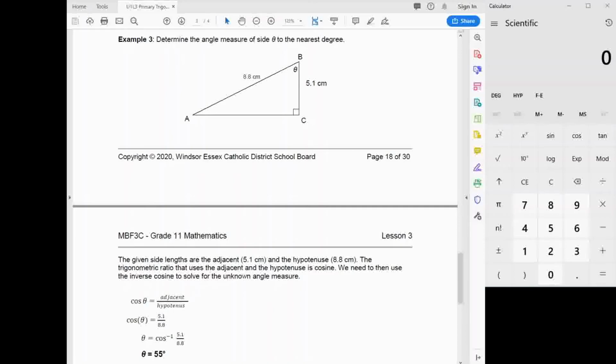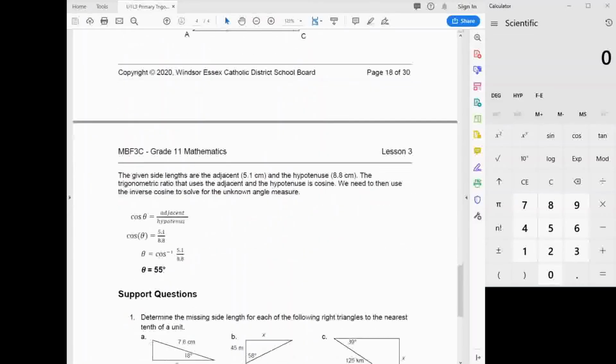Well, the 5.1 is the adjacent to theta, and the 8.8 is the hypotenuse, because it's opposite of the 90 degree. So I write cosine of theta equals adjacent over hypotenuse, and then I replace those with the 5.1 and the 8.8.